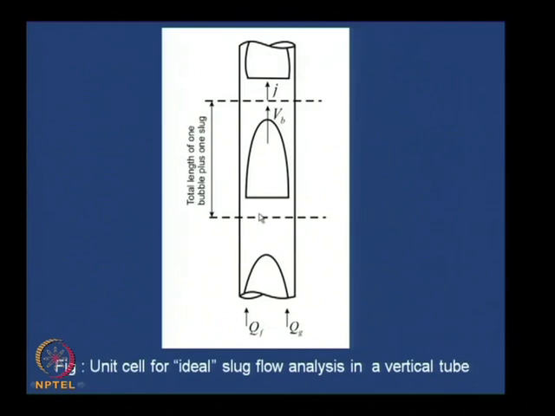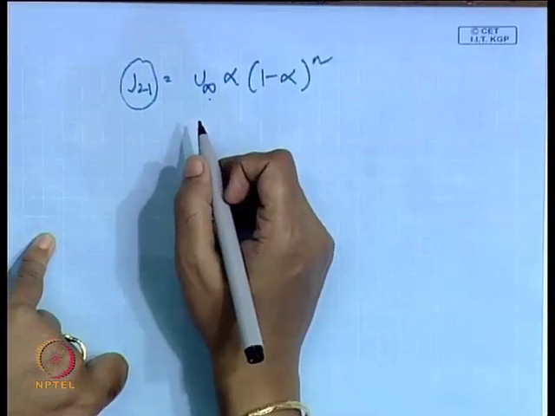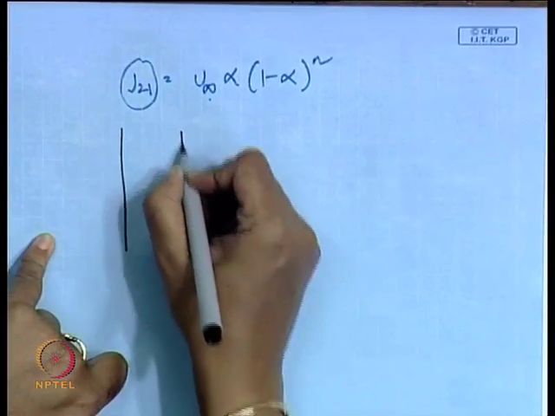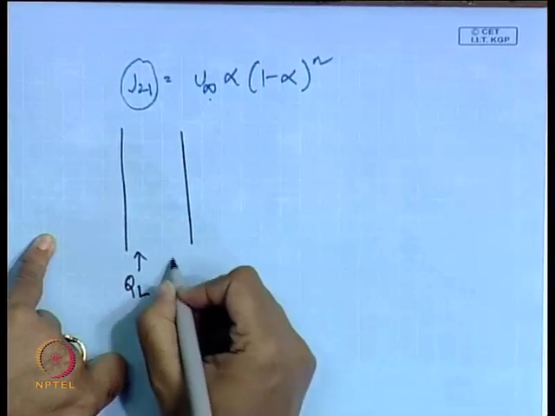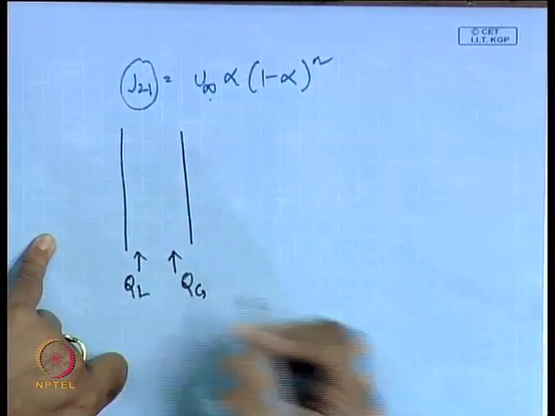Now, try to understand one thing. From continuity of mass, what do we get? Suppose we have a flow passage where liquid is introduced at QL and gas is introduced at QG.